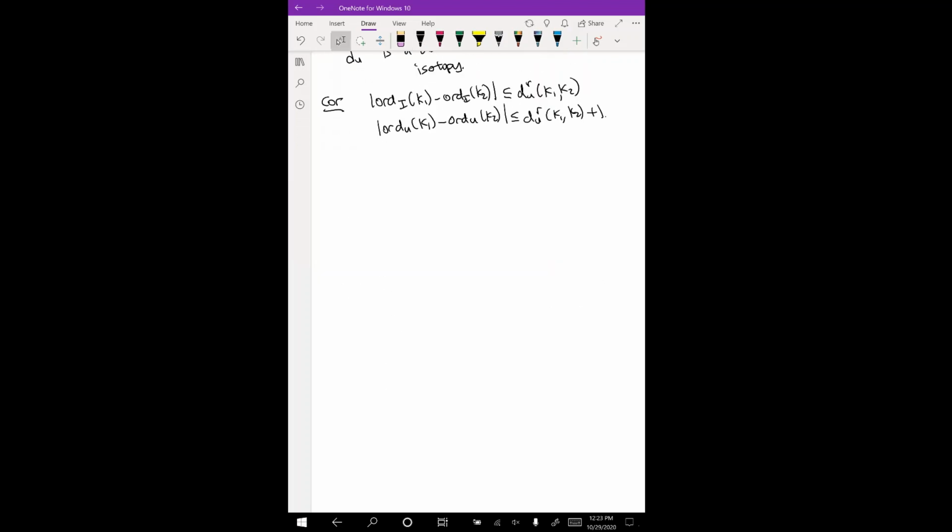This is not very hard to see from our theorem, just for the instanton version, because what you can do is say this order is less than or equal to the maximum of ord I K2 and M plus gamma of sigma, and then this is less than or equal to the sum of the torsion order of K2 and M, after which you can move the K2 to the other side, and you get this.